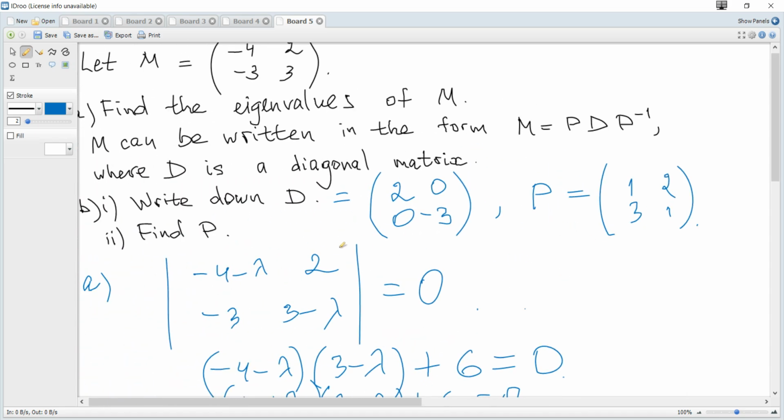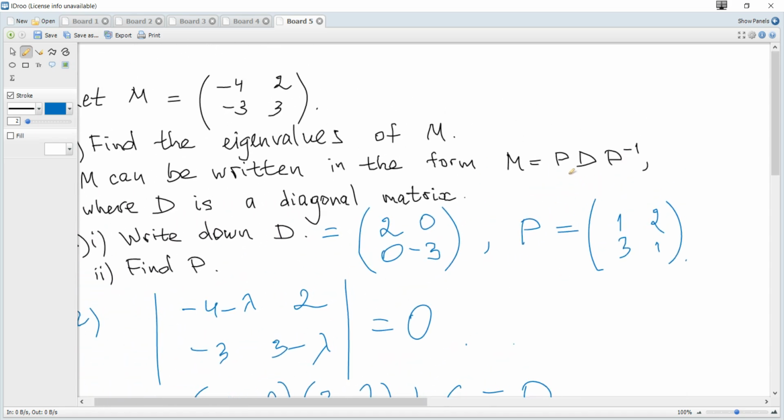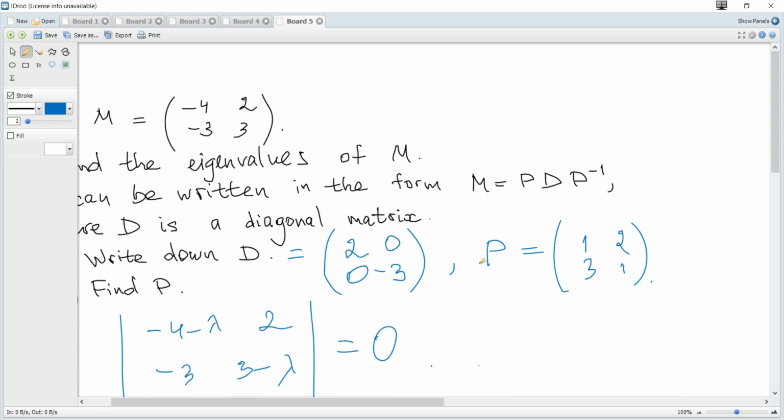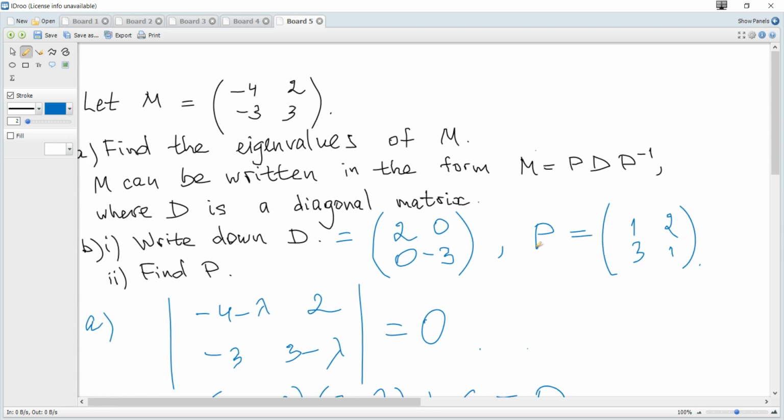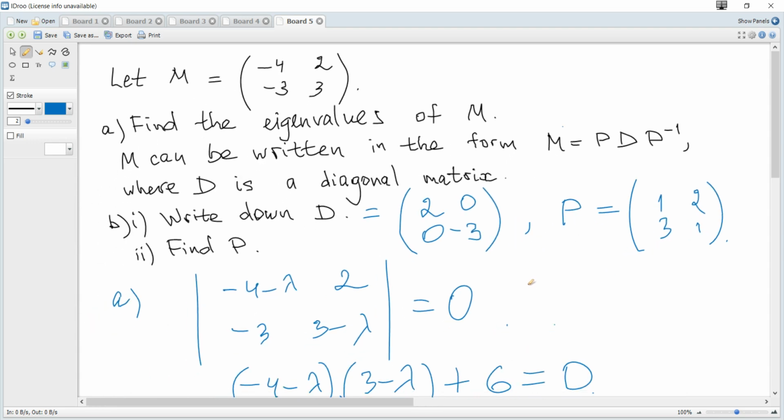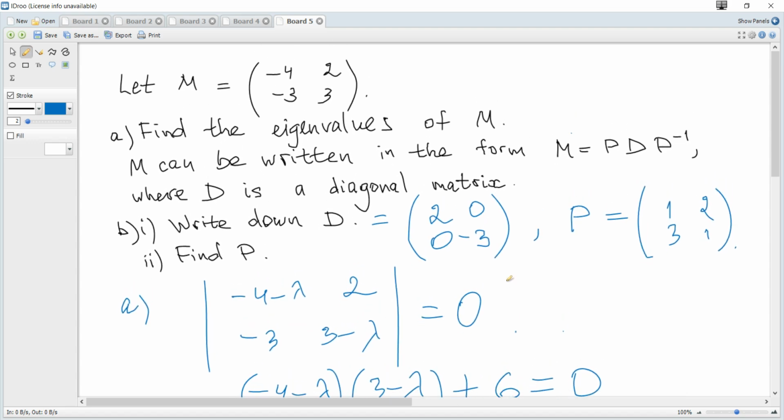And it's the required matrix P. In general, to get this representation, it can be easily found. The inverse of P formula is given in a data booklet, and in general, why do we need this representation? Because if we raise matrix M to some power n, it can be easily done. The formula is also given in a data booklet. And that's all for this question.